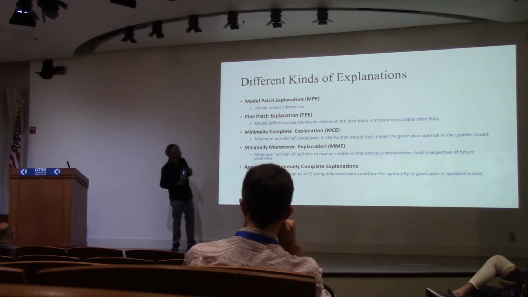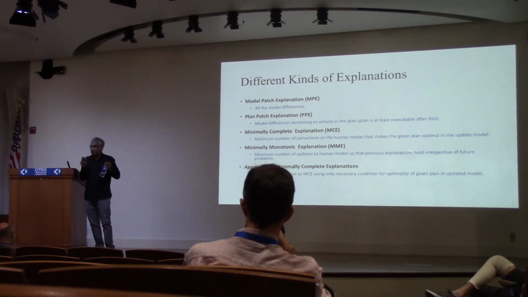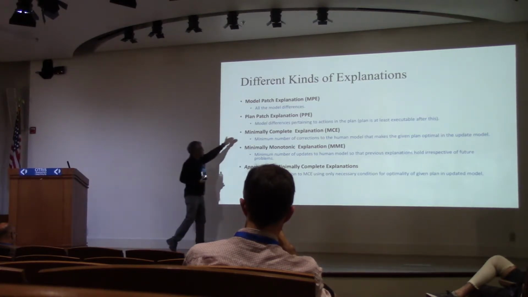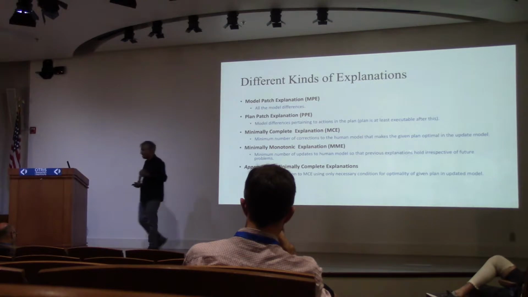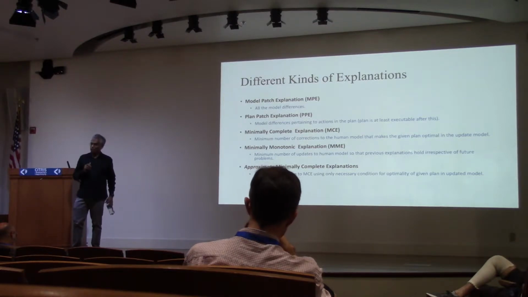Plan patch explanation basically looks at the actions in the plan and only tries to look at connections with respect to that. In some sense, one of the first things that we'll be looking at is this idea called minimally complete explanations, which are these changes to the model. If they are done to the human's model, then the human will see that the plan you have made is actually optimal with respect to it.